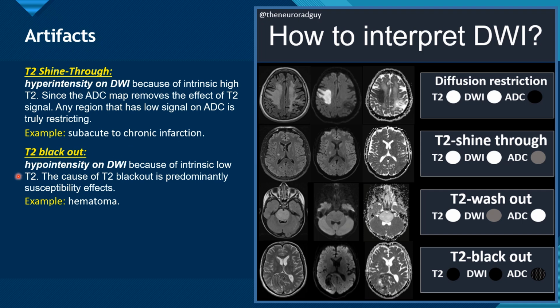Let's take another example of artifact: T2 blackout. The T2 blackout occurs due to a hypointensity in the DWI image because of intrinsically low T2. Using the same principle as T2 shine-through, the low T2 signal, which appears here as a rim surrounding this lesion, is dark on T2 weighted images, remains persistently dark on B1000 images, and on ADC is neither dark nor bright.